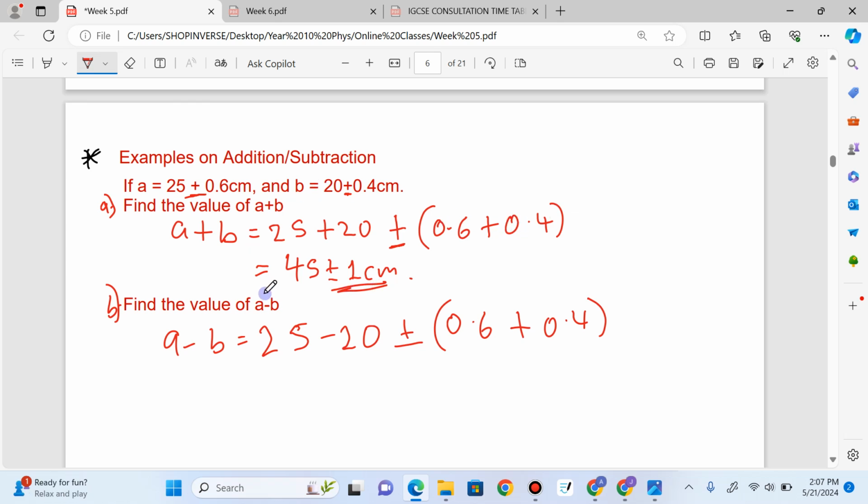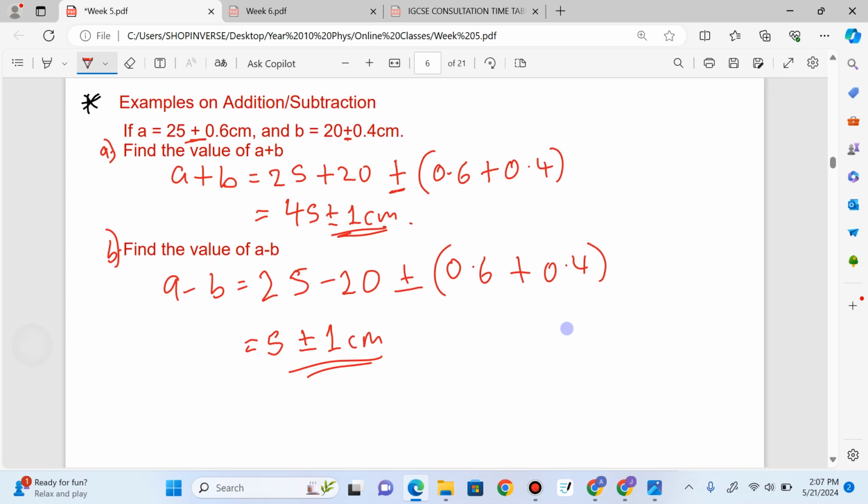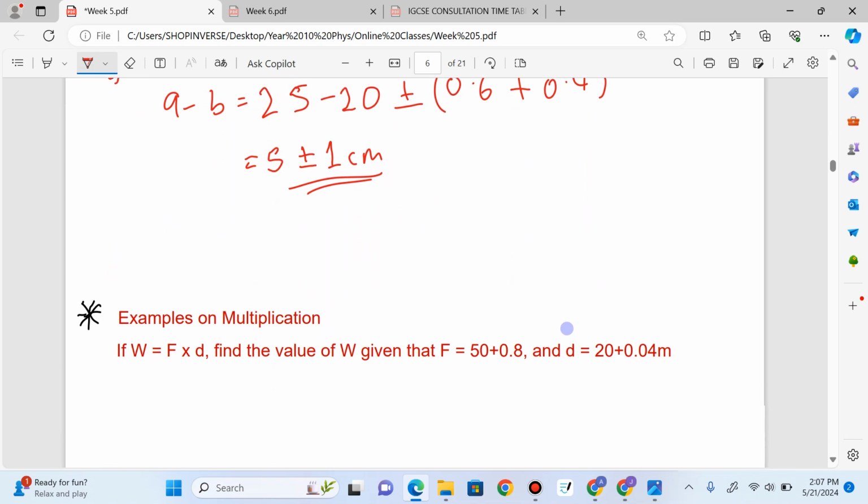And if I'm subtracting, if I'm looking for the difference of two numbers, I will still add the absolute uncertainty. 25 minus 20 will give me 5, then I have plus or minus 0.6 plus 0.4. I will have 1 centimeter. So this is how you deal with absolute uncertainty, okay? You just add the absolute uncertainty.